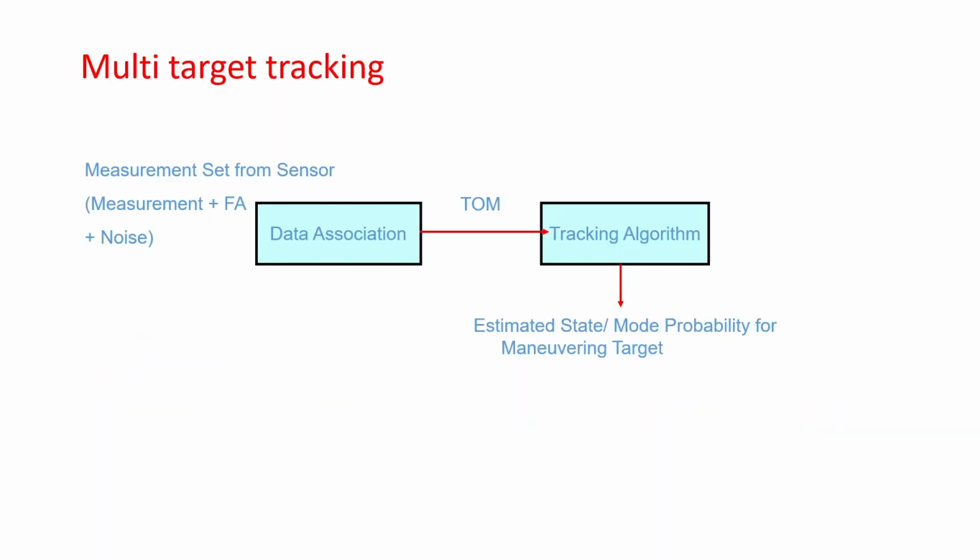Now, for tracking, we will take the example of multi-target tracking, or it could be single target tracking in the presence of clutter. Both are the same, and the methods used are the same.